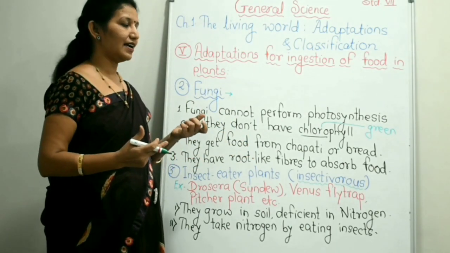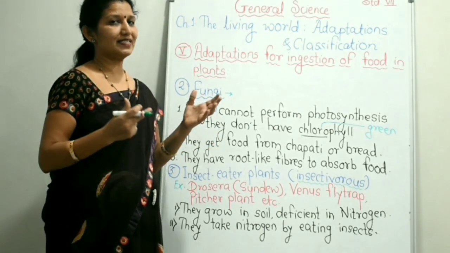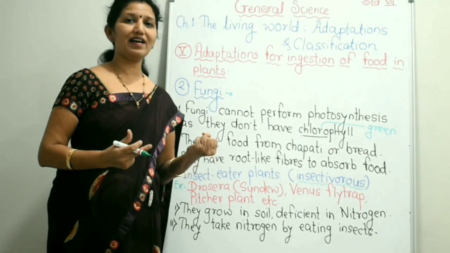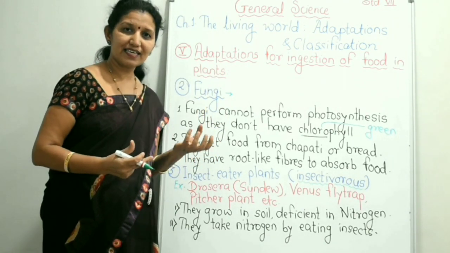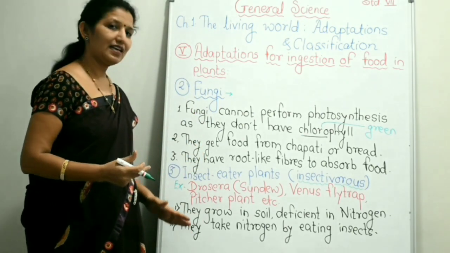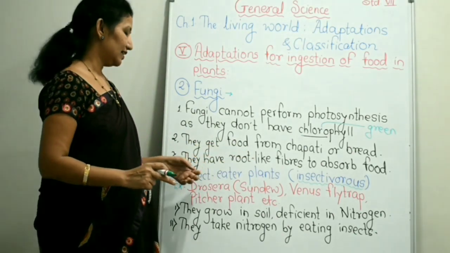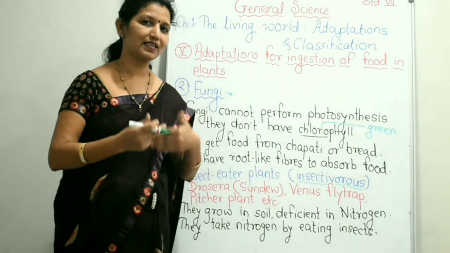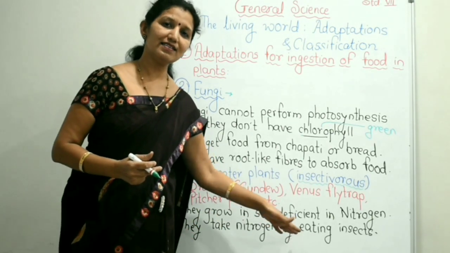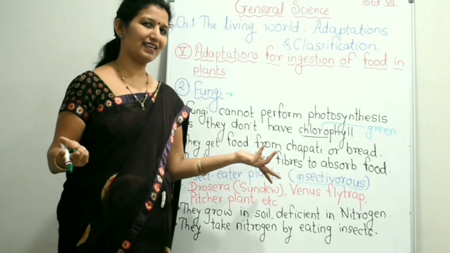The insect gets attracted towards it and sits on it very pleasantly. But what happens? It is caught by that plant. It catches it and then engulfs it, and because of that, after some time there is death of that insect. The insect eater plant engulfs it, and that's why it gets nitrogen by eating that insect. That's why they are called insect eater plants. Very easy. Thank you.